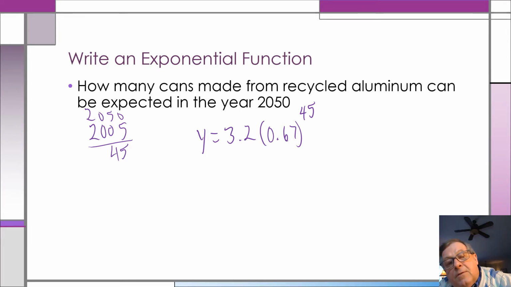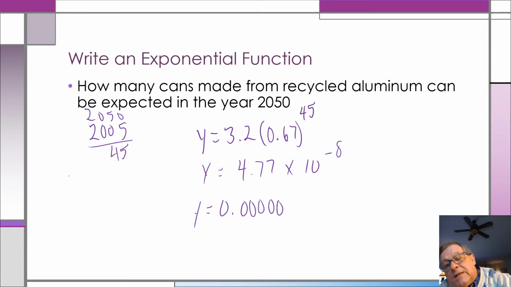And that's going to then equal 4.7677, I'm going to round it, times 10 to the negative 8th power. That means I put 7 zeros. Then y is equal to 0.00000004767.